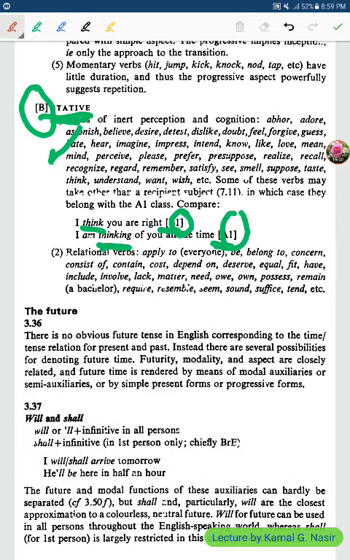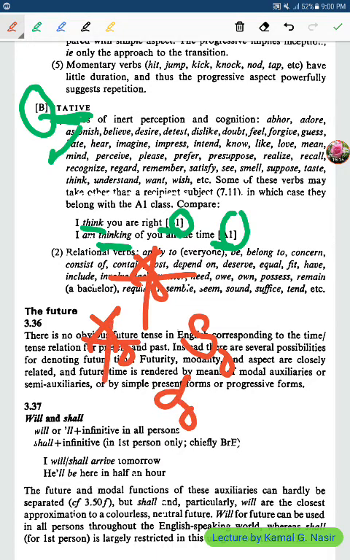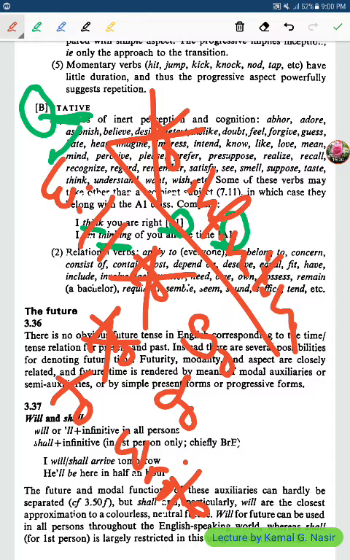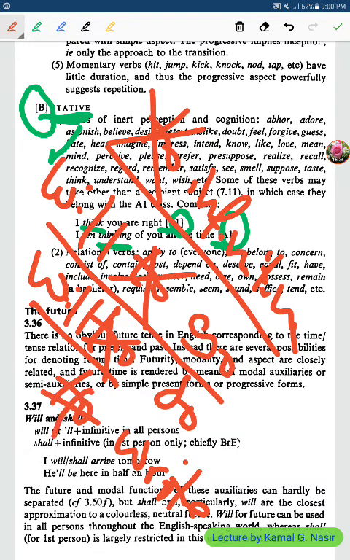After will or after shall we use the infinitive. The infinitive is, for example, to go, but without to. To do, without to. To write. We omit to and we put will: I will go, I will do, I shall write. This is very important.